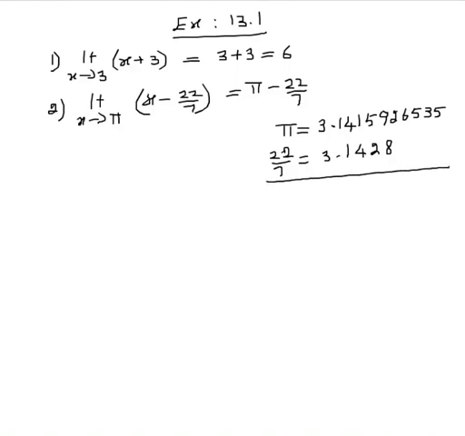But 22 by 7 is not the correct value of pi. Therefore, the answer is pi minus 22 by 7. There is a difference in these two values.